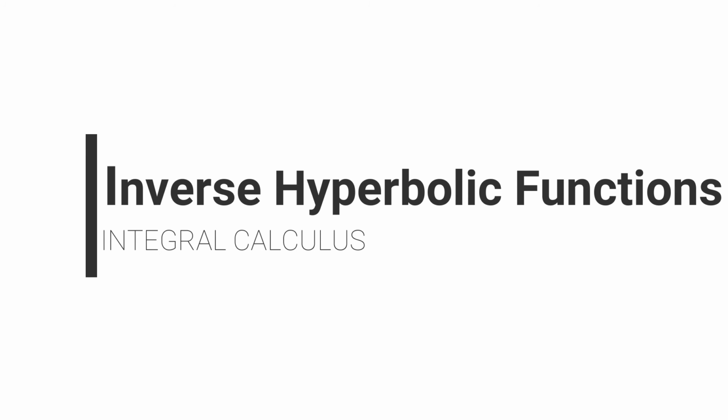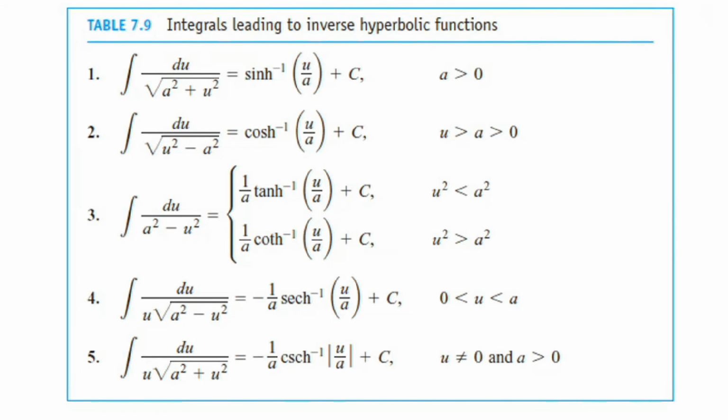Okay, today we are going to discuss the integrals leading to inverse hyperbolic functions. We have 5 formulas. Number 1, the integral of du over the square root of a squared plus u squared is equal to the inverse hyperbolic sine of u over a plus a constant, provided that a is greater than 0.